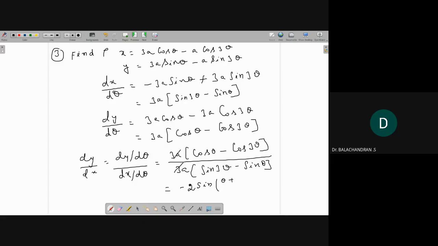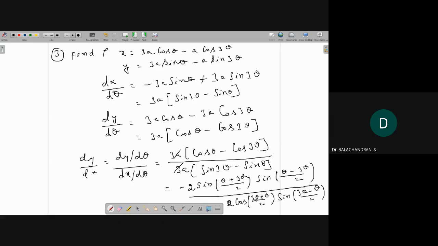Otherwise, I'll write theta plus 3 theta by 2, into sine of c minus d by 2, that is theta minus 3 theta by 2, all divided by sin c minus sin d, which is 2 cos of c plus d by 2, 3 theta plus theta divided by 2, into sin c minus d by 2, 3 theta minus theta by 2.